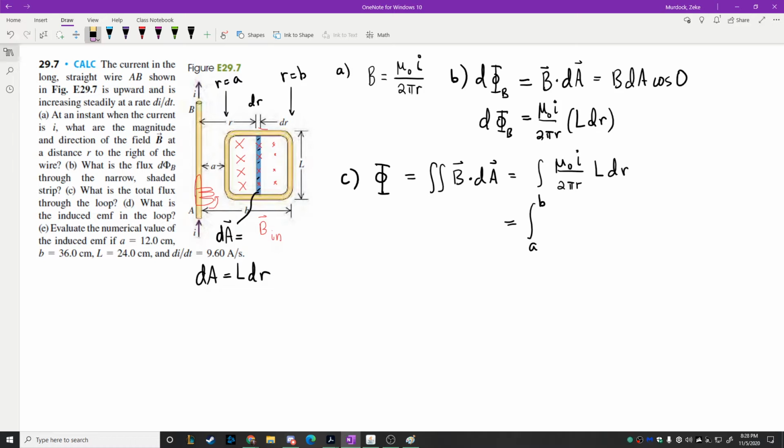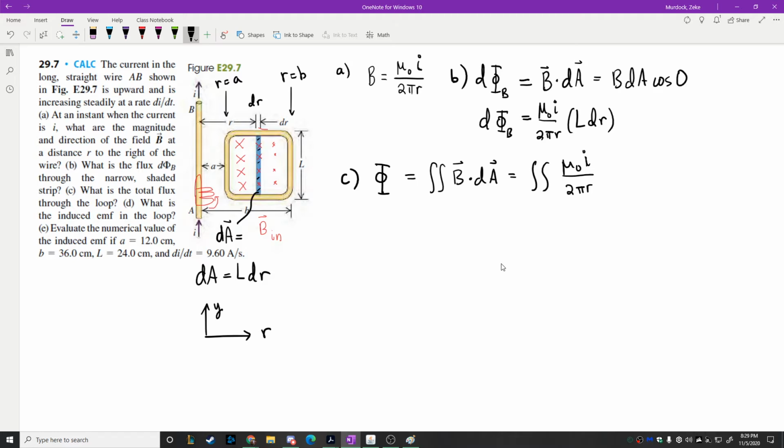I guess I could make that even more clear if I did something else. Just in case, for those of you that are wanting this to look more like what you might have done in your math class, our dA here, one way we could write it is like this. If we wanted to do two integrals, B would be mu naught I over 2 pi r. That doesn't change. What I could do is say this is my r direction and this is my y direction.